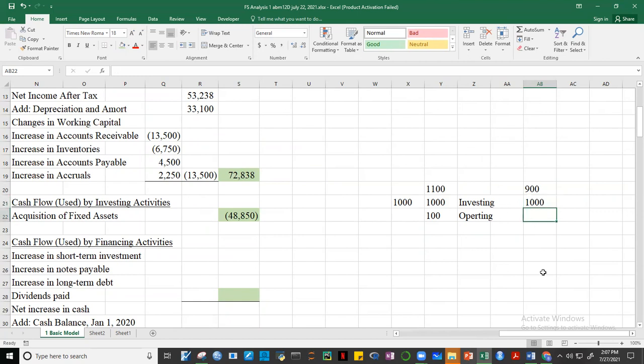Okay, and then magkakaroon tayo ng loss na 100 sa operating. So this is in the case of a gain in the sale. This is in the loss of the sale of your fixed assets. Okay? Pareho ang papasok sa investing yung book value ng asset para masarado siya. And any gain or loss goes into operating.